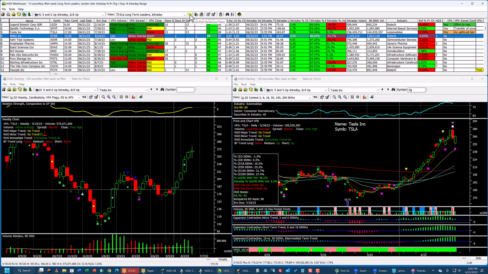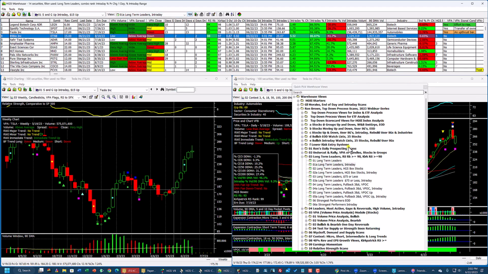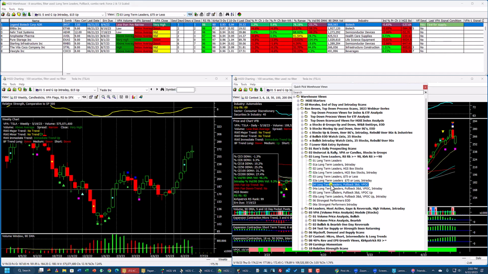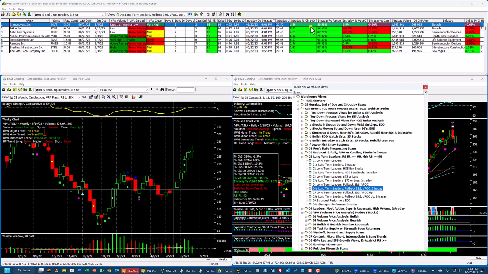Look for the leaders. See if you can jump on the leaders with a pullback. Now here's box stocks, $75 or less. Here's a pullback right here for you. These are leaders that have pulled back. You can see the pullback right here. Let me go to the intraday, because I know these are up for today.